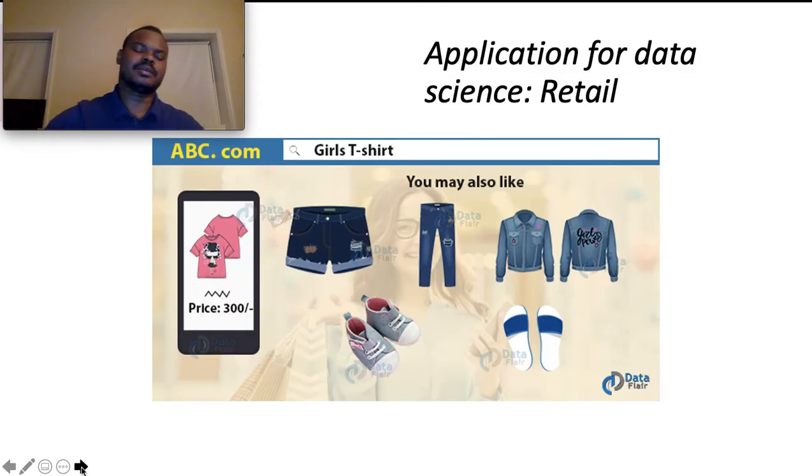So this is just an example of a website, right? So let's say you want to buy girls t-shirts. The website could also recommend that you might be interested in girls shoes, girls jackets, girls pants, girls slippers, just based on a search for girls t-shirts.